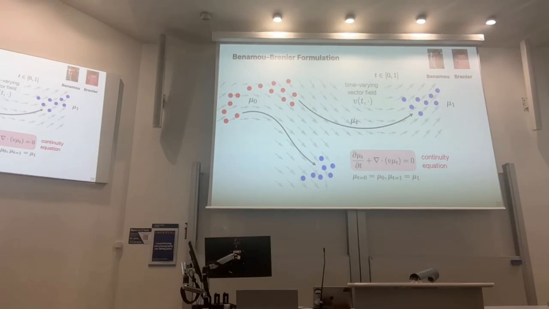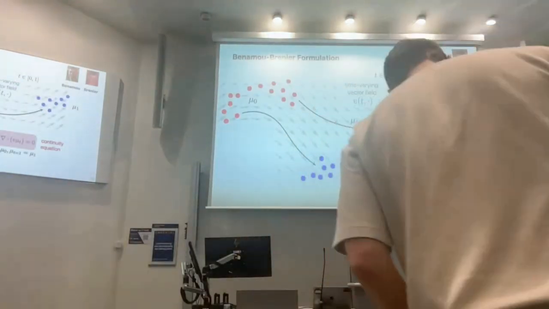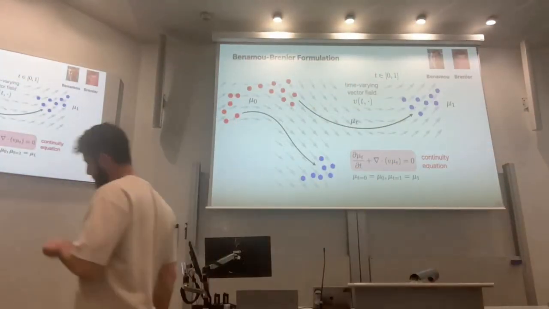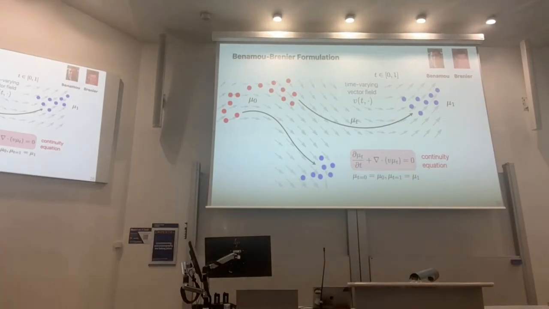And in between, what you have to do when you see this formulation is you need to have something called a continuity equation, which basically says that if you're giving me a measure that interpolates mu0 to mu1 and this measure with t is obtained by pushing the mass with velocity, then it makes sense that if I look around the point x here, the amount of mass that is moving at that point has got to be somewhat related to the velocity field and how much mass is moving away from that point and how much mass it is receiving from other points.